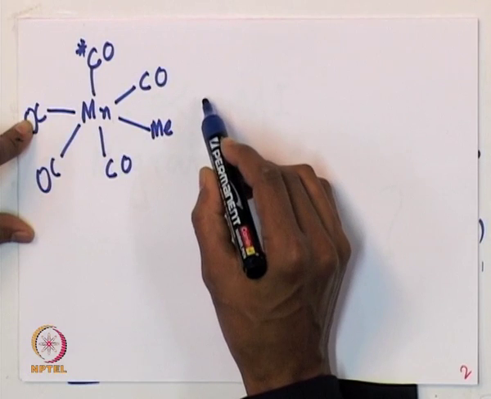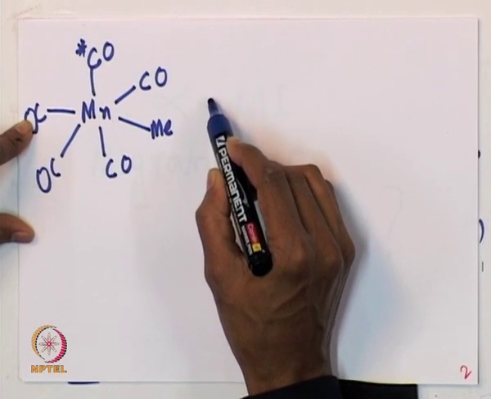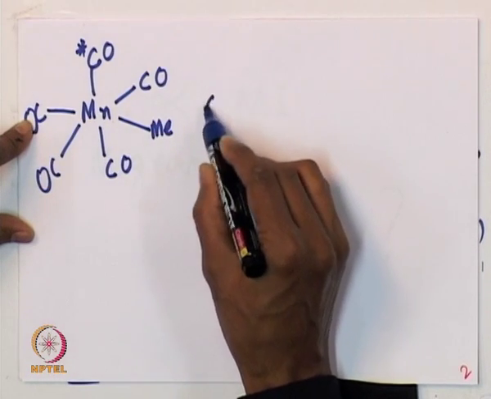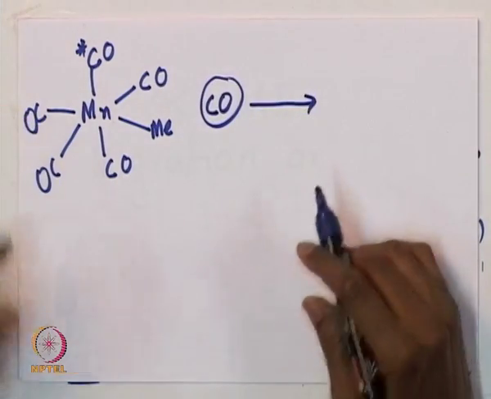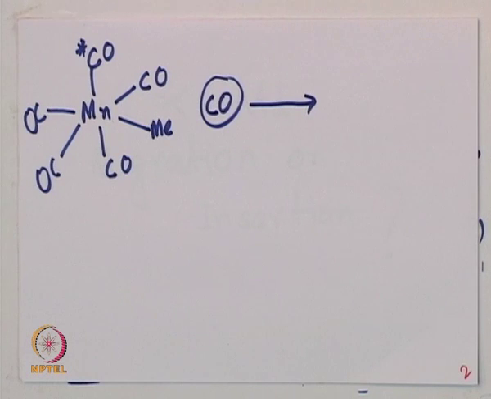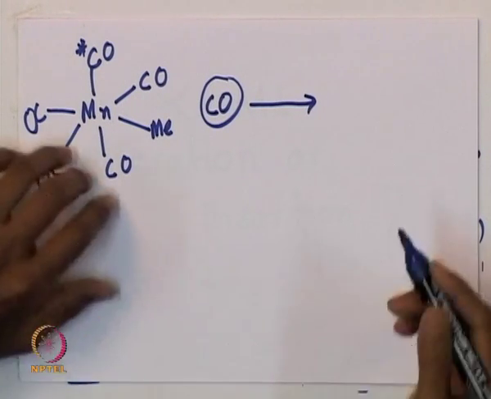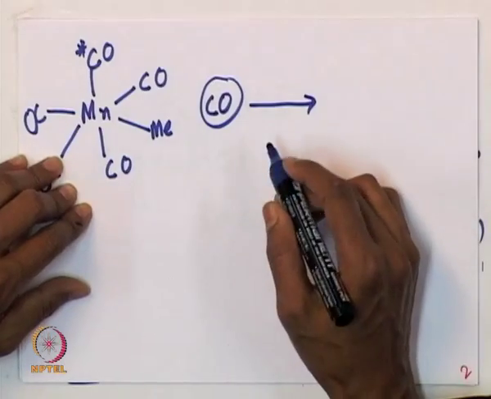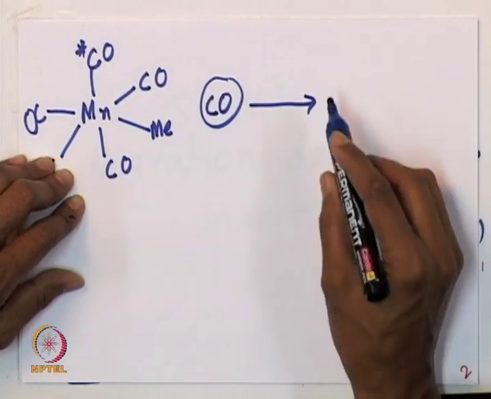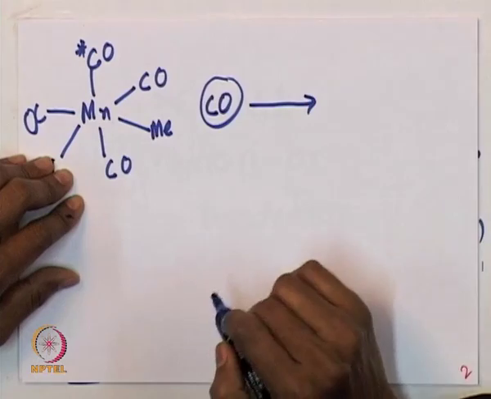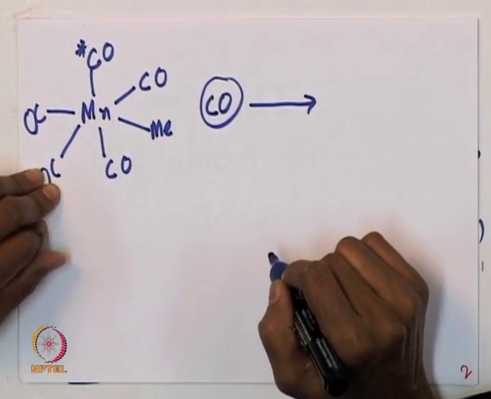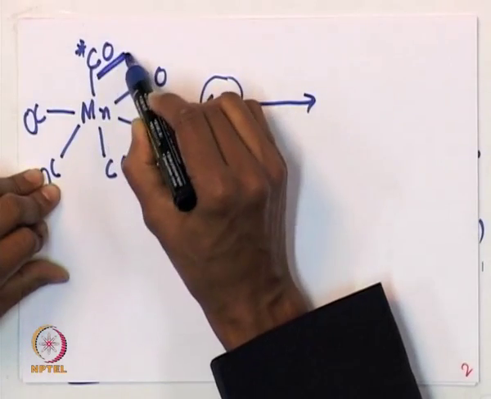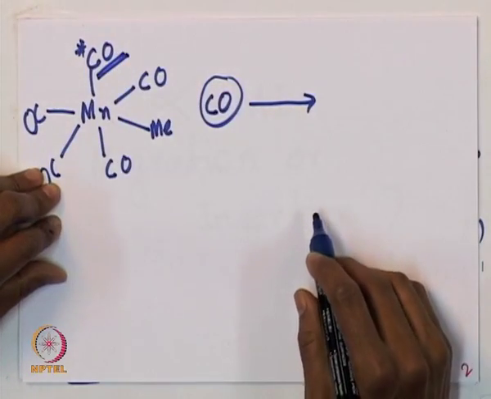Now, if we were doing this experiment in presence of CO, effectively you will be able to maintain the 6 coordination anyway, right. So, in this particular case, you are expecting to form a series of compounds. First of all, there is a labeled CO, right.